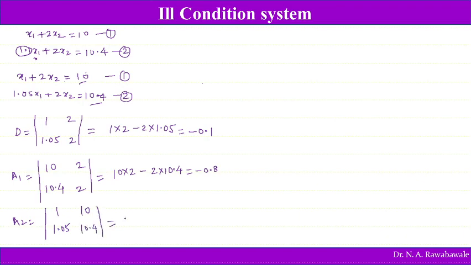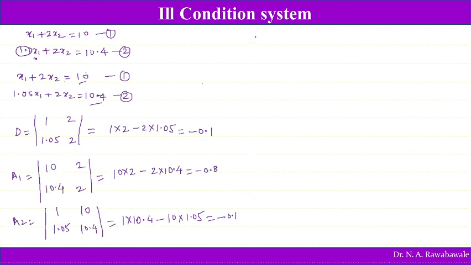Then we take determinant value as 1 into 10.4 minus 10 into 1.05. So on simplification, we get this as 10.4 minus of 10 into 1.05. This is going to be minus 0.1.